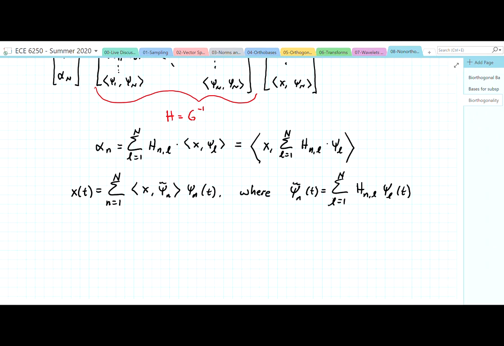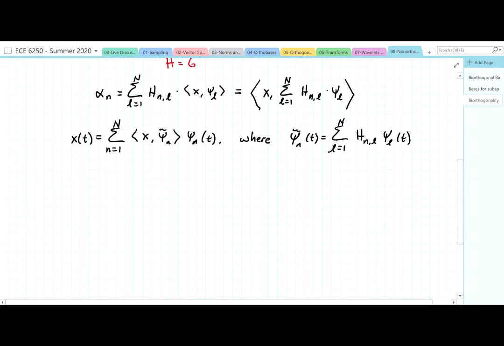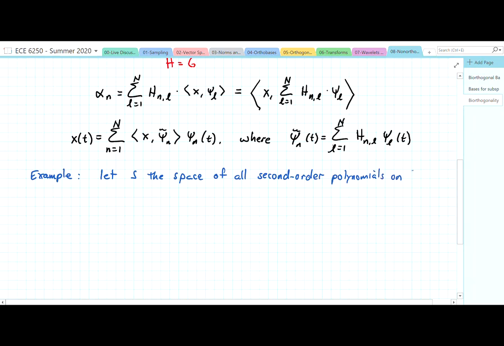All right, so let's look at an example of what this does. We'll let S be the space of all second order polynomials on 0, 1.